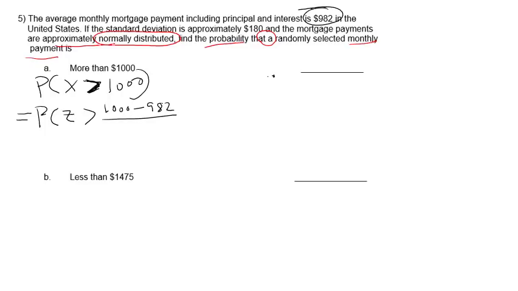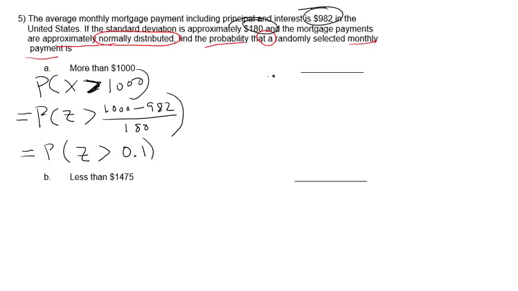Divided by the standard deviation, 180. We didn't mess with the standard deviation because, again, we're talking about a member of the population. When you do your math, this is the probability that Z is greater than 0.1.